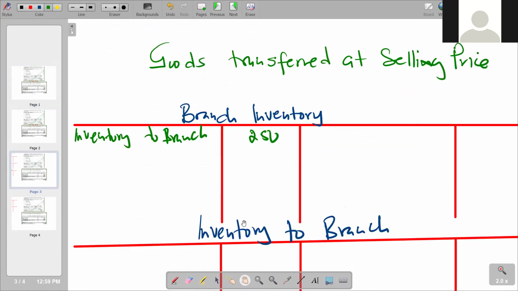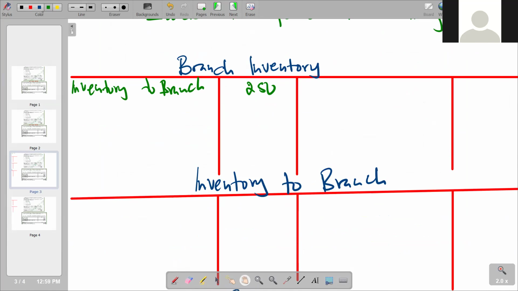Then the corresponding entry is on the credit side of inventory to branch, whereby we are saying branch inventory, whereby we have 250,000 again. So basically, this is the double entry.